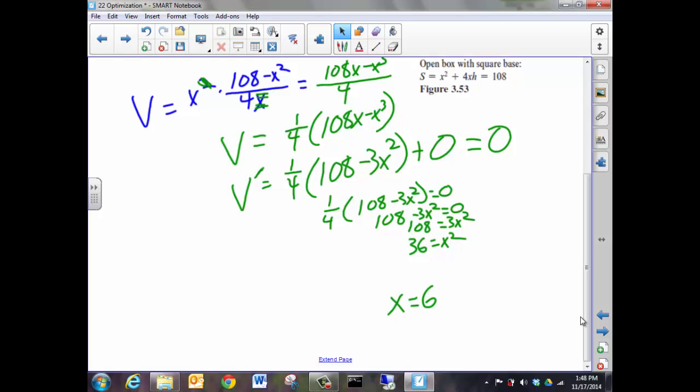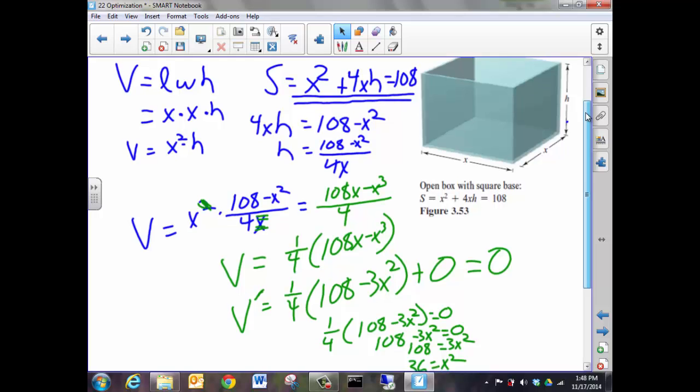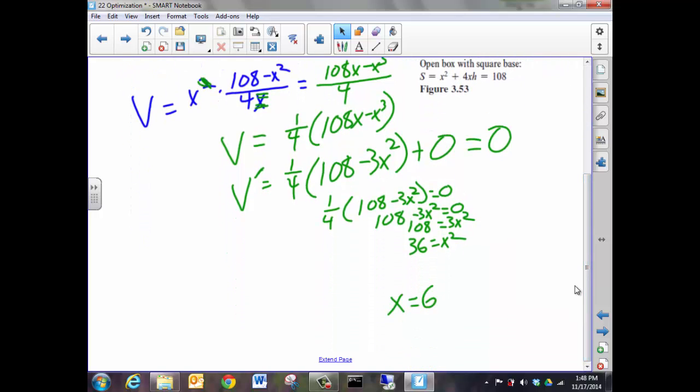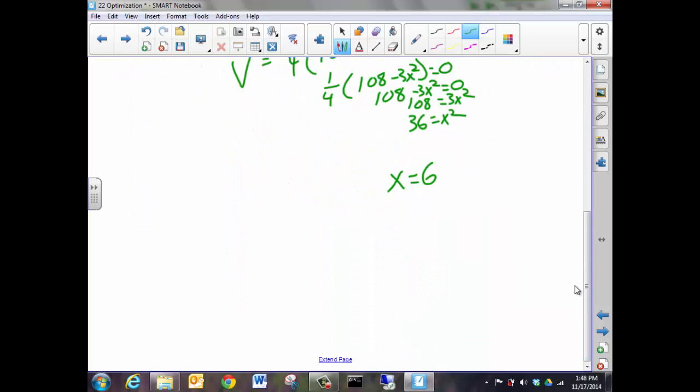Go plug it into whatever we had, H equals something somewhere. 108 minus 36 over 24. What is that, 72? 3. 6 by 6 by 3.